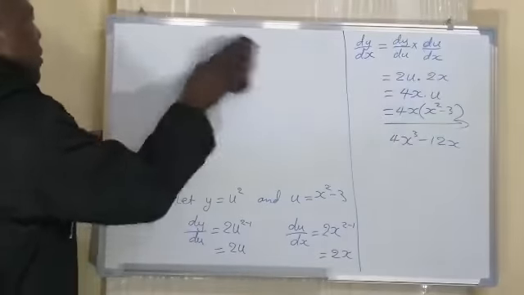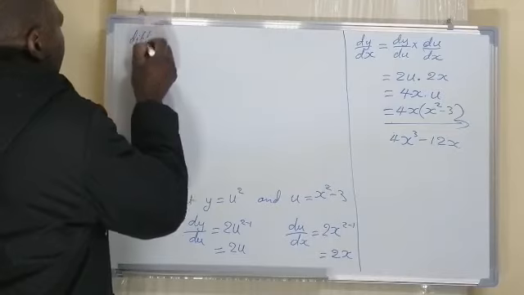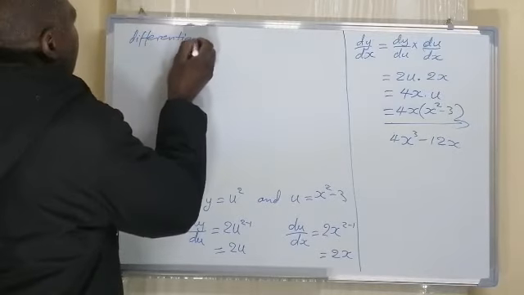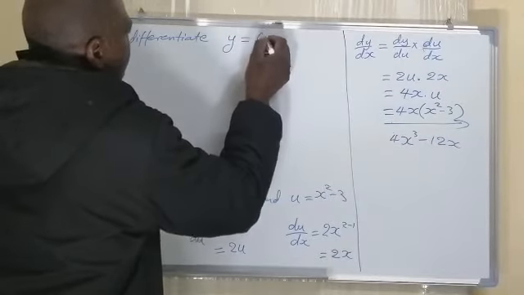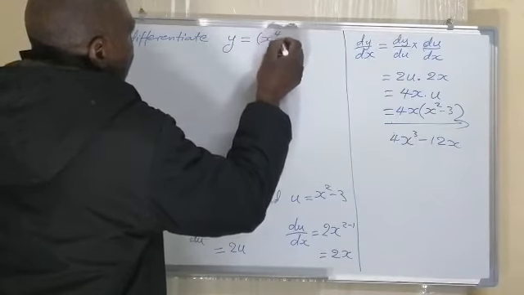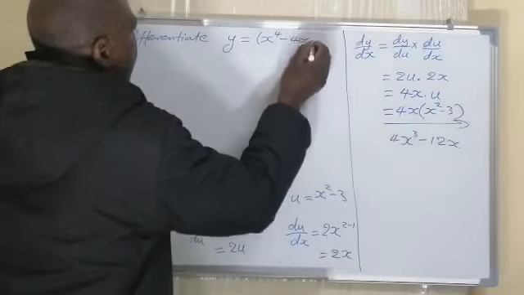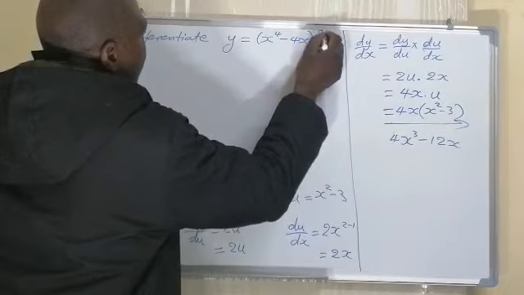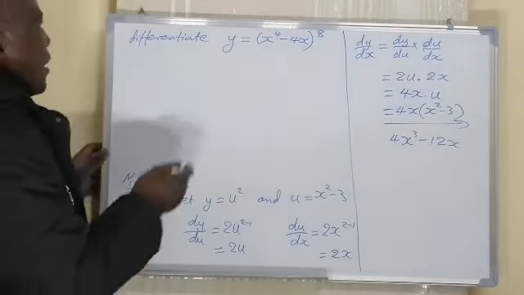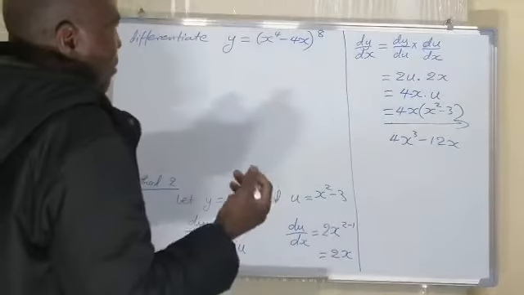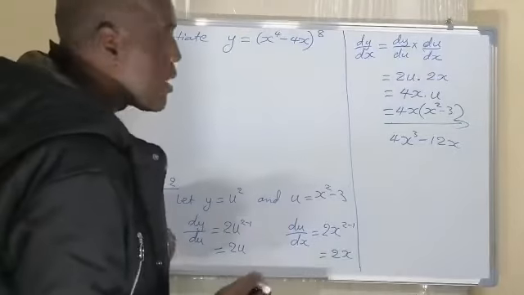Let's say this time around you are to differentiate y is equal to (x to the fourth minus 4x) to the power 8, like that. When it is like that, obviously when you try to multiply this 8 times, it's a tedious exercise.